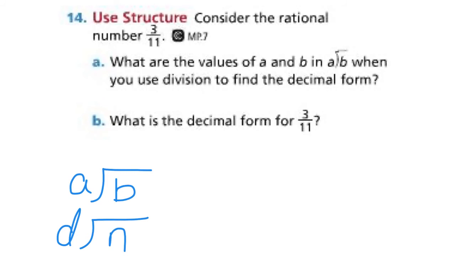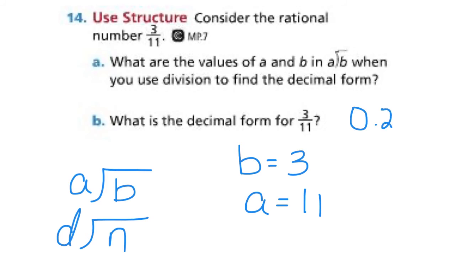That would make B equal to 3 and A equal to 11. How do you find the decimal form? Well, if you divide 3 divided by 11, you are going to get 0.27, where the 27 repeats.